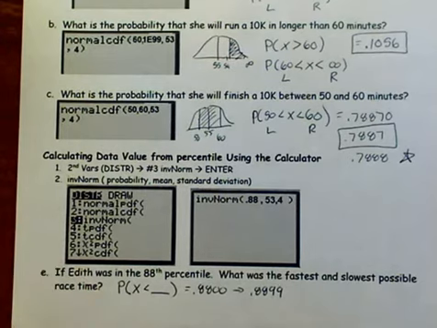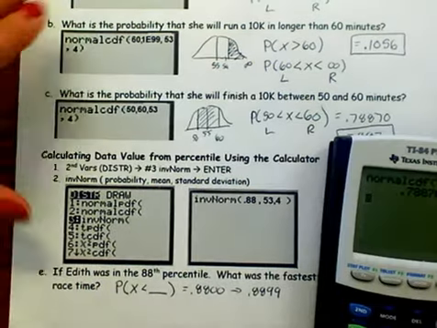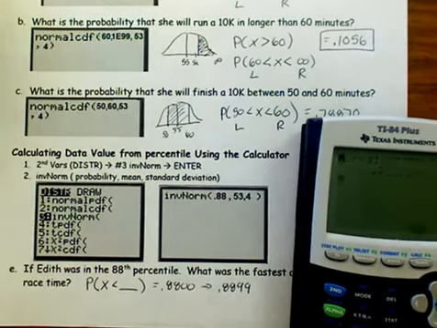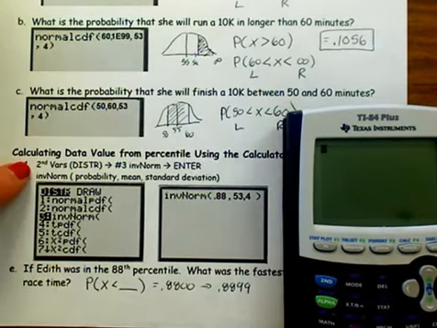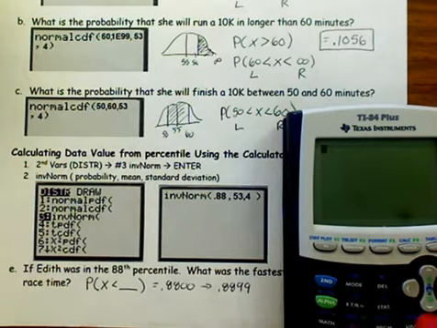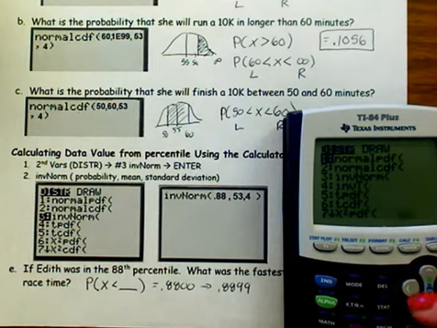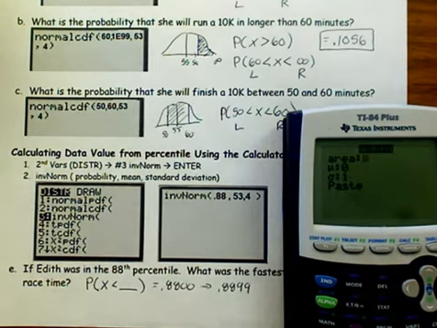Now in this particular case, I'm not going to be limited to the values in the chart. So we're going to press second distribution, and we're going to go inverse because we're going backwards. We're going from the probability number back to the data.